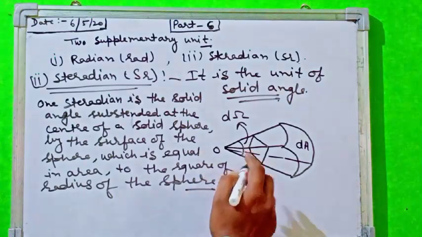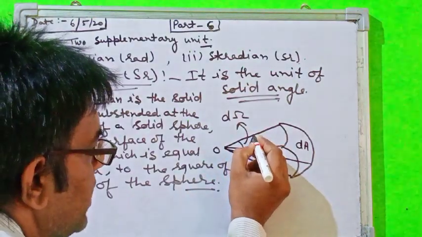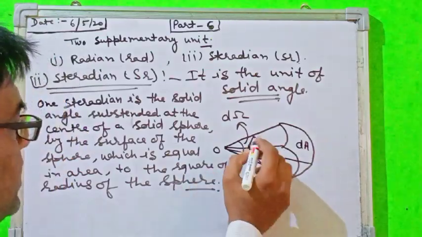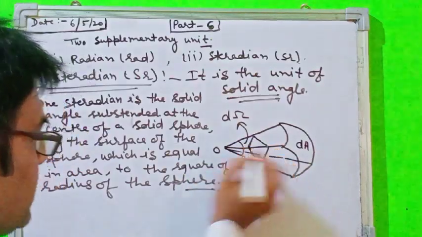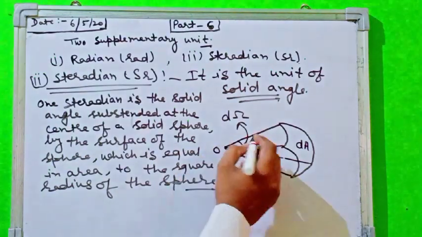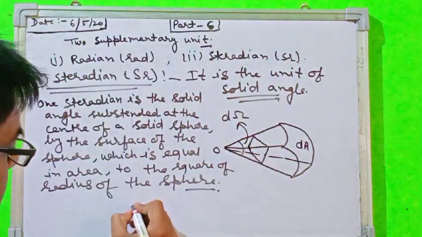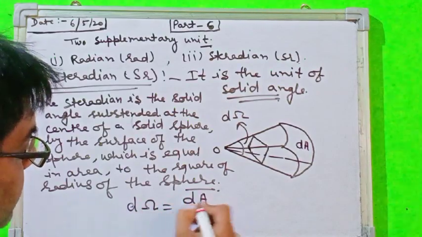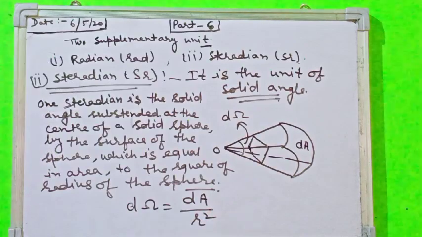Clear? Okay, look here. This is the square, this is the radius r, so d phi is equal to dA upon r square.